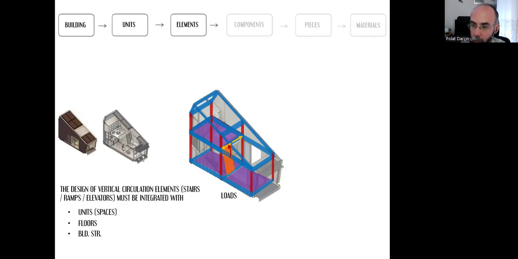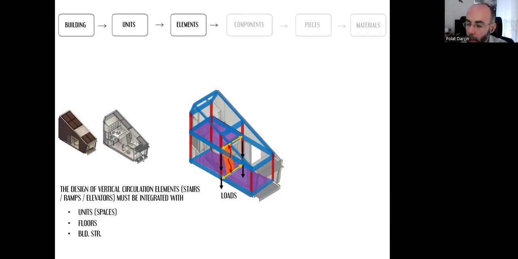Some portion of the loads will be transferred to the beams of the first floor, and they are going to transport their loads to the columns, and some portion of the loads of the staircase will be transferred to the beam here at that level.